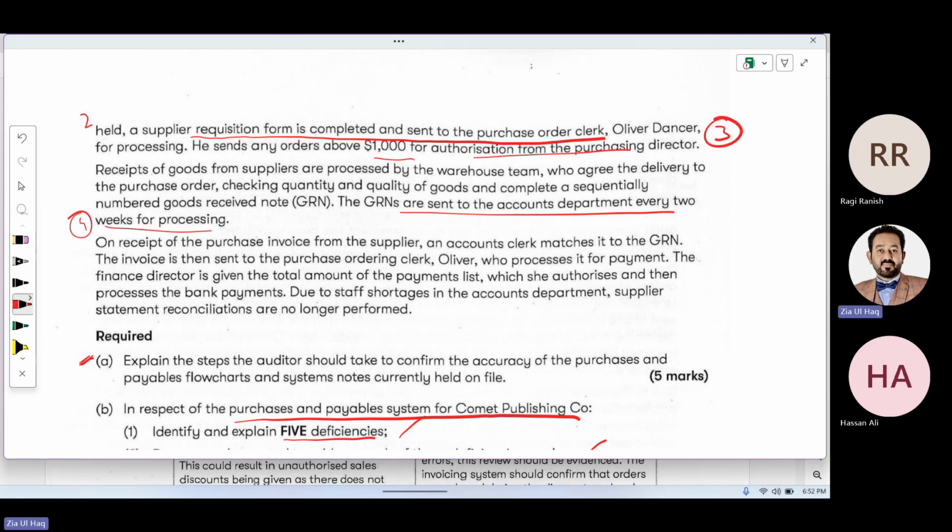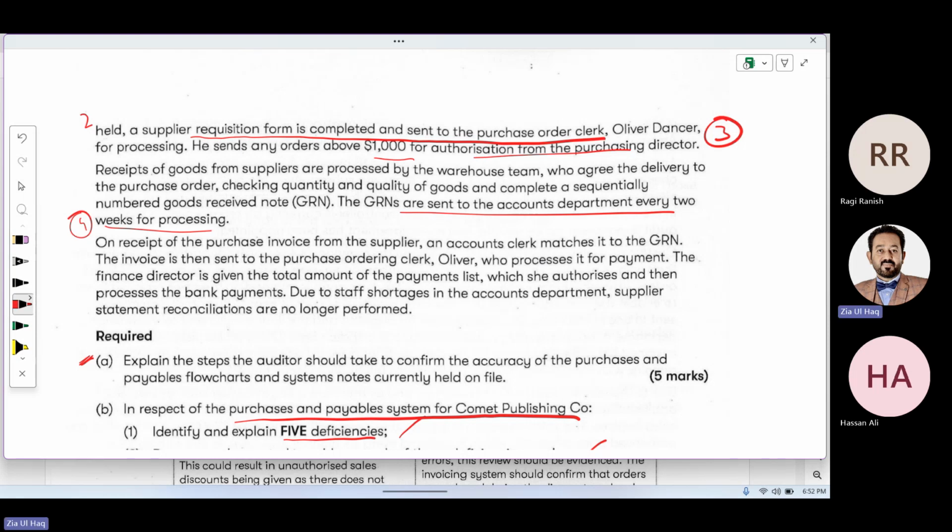If you are sending GRN copies to the accounts department every 2 weeks, this could result in delay in payments to the supplier. And why are payments delayed? Because the department that needs to make payment does not have the information on goods received on time.